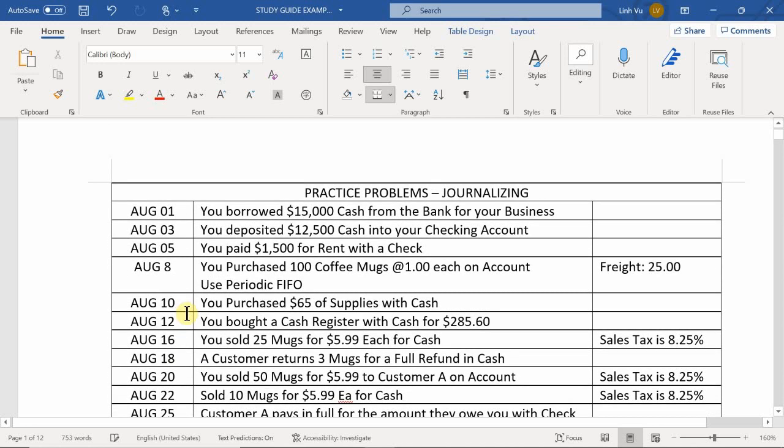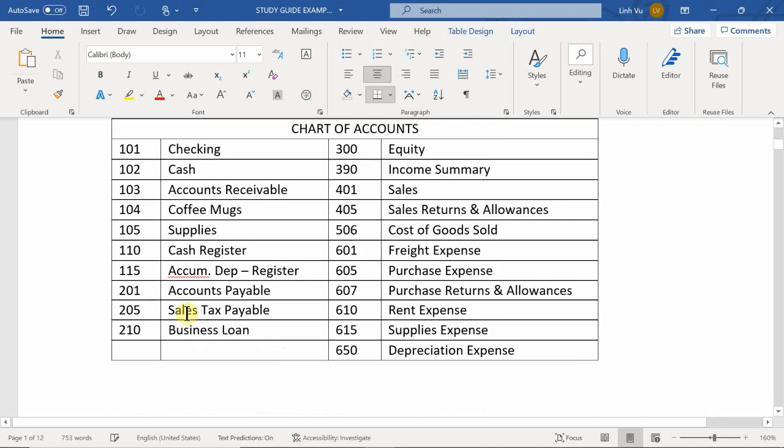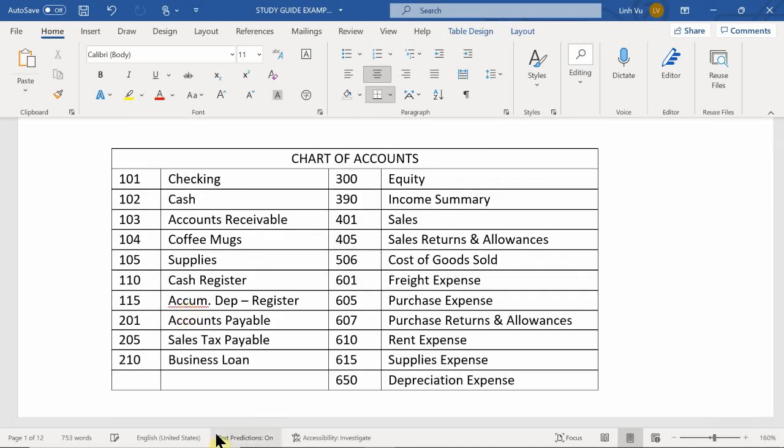All right. So where are we now? We paid $1,500 for the rent with a check. So we decrease checking, and we have a rent expense. Let's take a look at my chart of accounts. Rent expense is 610.